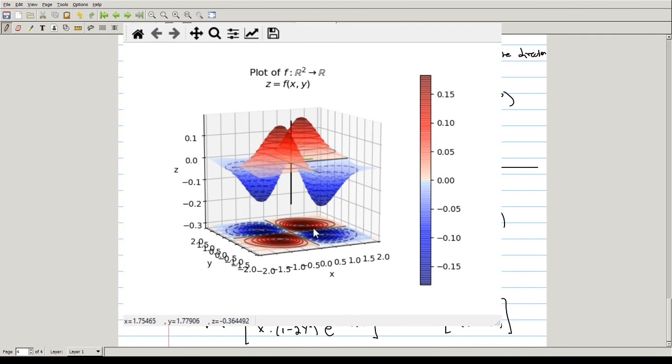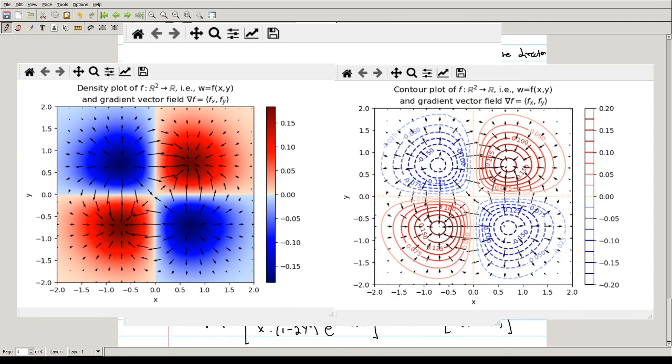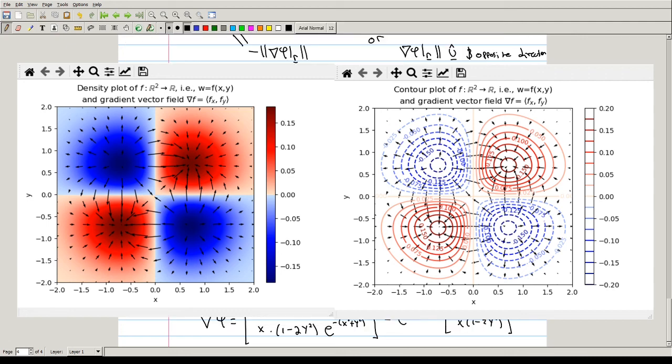And if we restrict ourselves to the density plot, or the level curve plot of this function, we see very clearly what we were talking about before. The value of this function is changing very specifically with regards to the domain, and specifically what's plotted here in each one of these plots is the behavior of the function, as well as the gradient vector field.